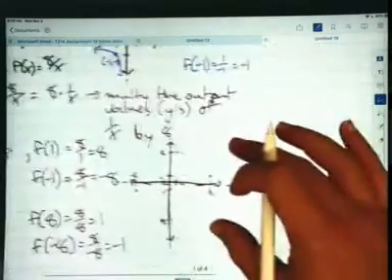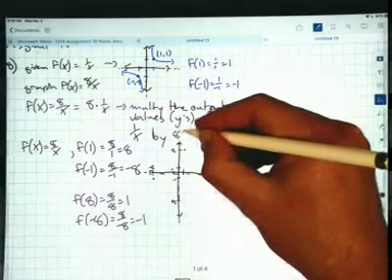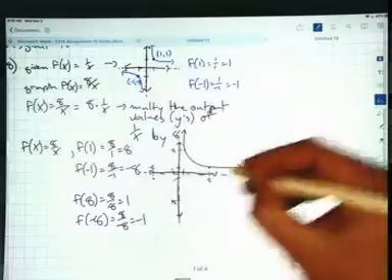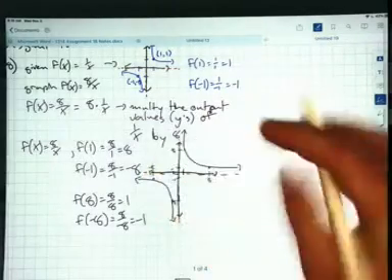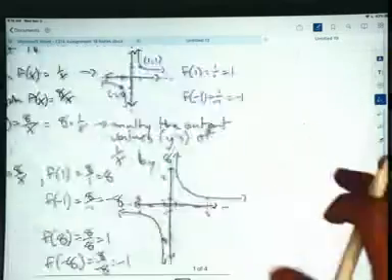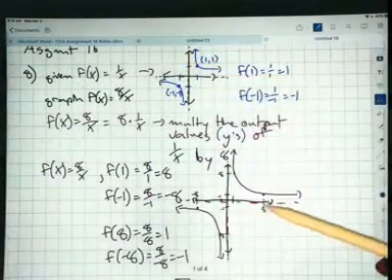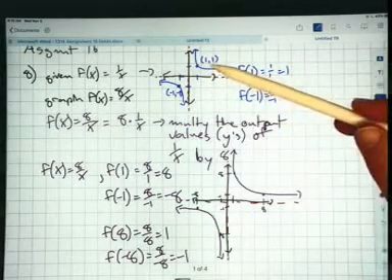And so what's going to happen is your graph is going to behave essentially the same way. And perhaps it would be better if I used Desmos. But what's essentially happening is the difference between these two graphs, even though they look the same, their output values are different.